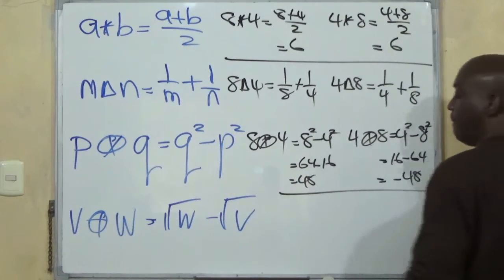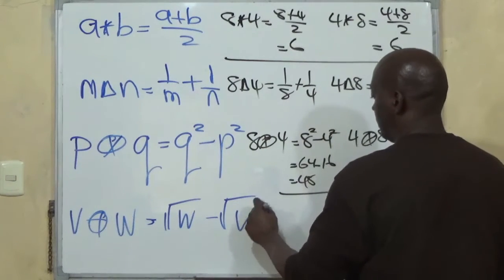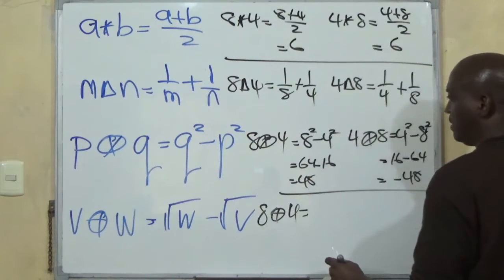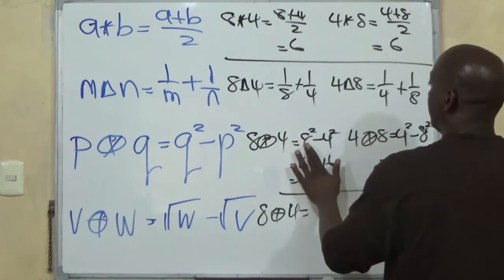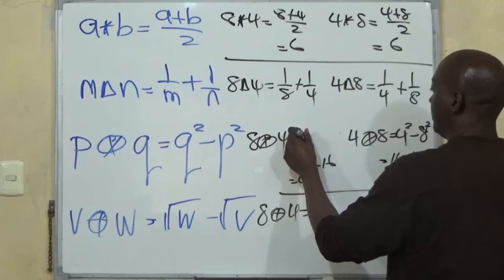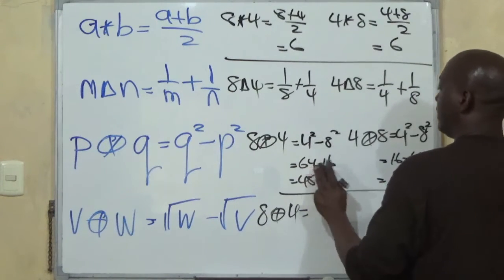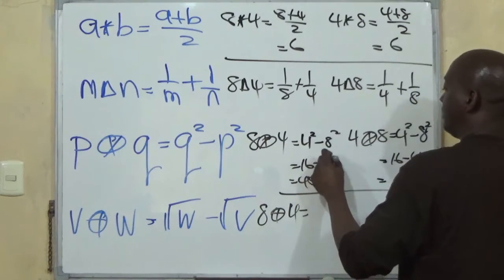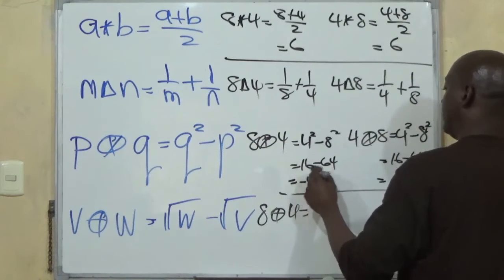And then over here now, I just want to do both of them fast. Right? 8 circle with the cross 4 is equal to, no, my mistake. This here is supposed to be 4 squared minus 8 squared. 4 squared minus 8 squared, which would be, you see how careful you have to be? 16 minus 64, which would be minus 48.